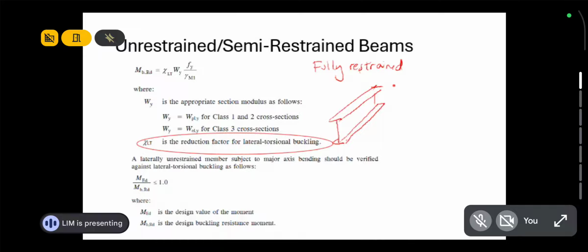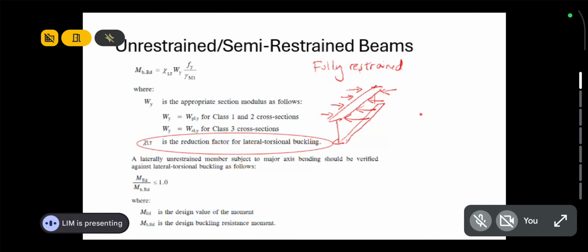If it's fully restrained, that means the compression flange is restrained. There is something clamping. You can think about it in this way. There is something that is clamping your compression flange from moving sideways.